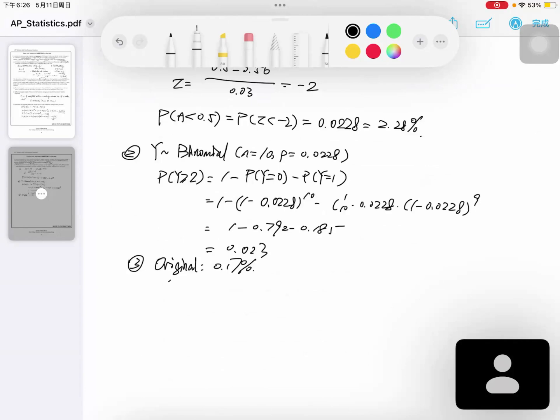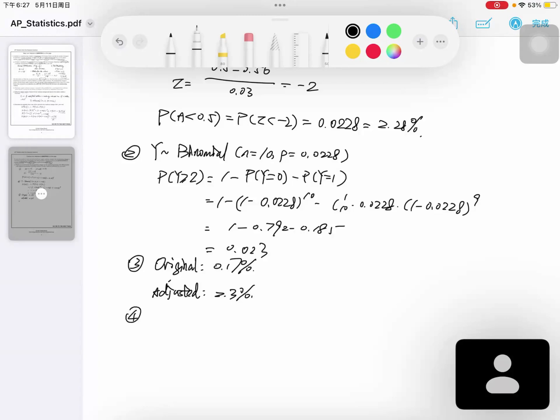However, in the adjusted model, the rejection rate is 2.3%. So for the statistical justification, the original one is more appropriate, right? Because it has a lower crate rejection probability.